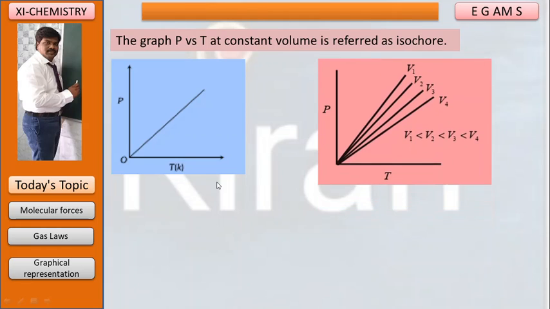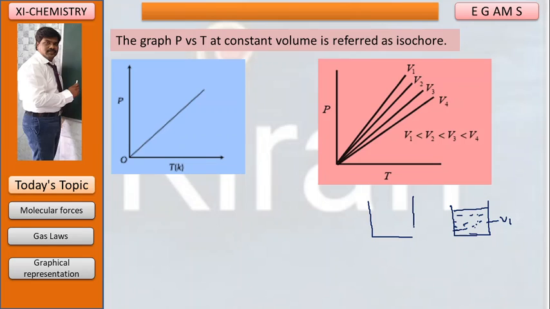And different volumes. See here, at different volumes, the pressure and temperature. Here I have taken one. No confusion, my dear students, I am going to show you. For example, this is one container. It has some volume that I am indicating with V1.